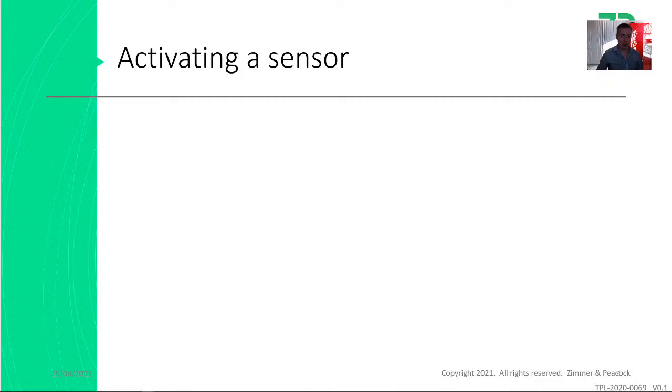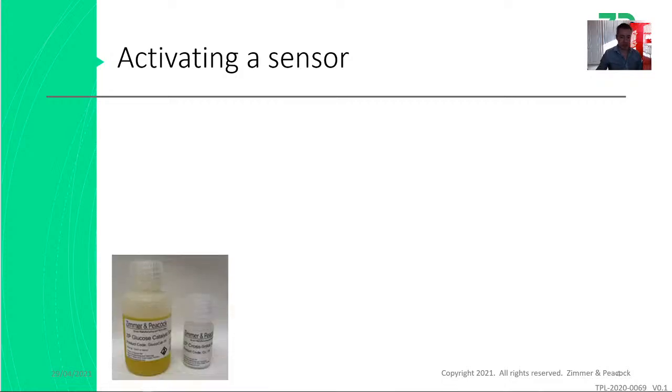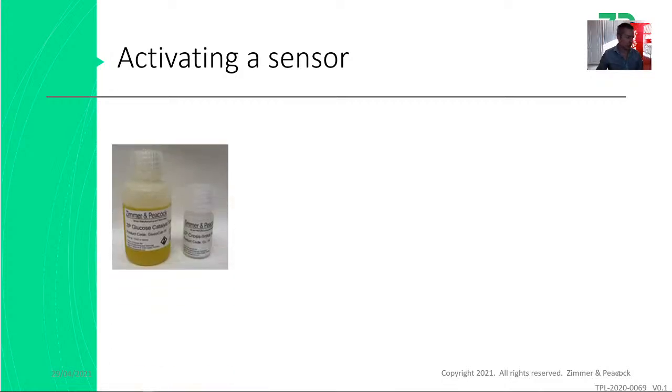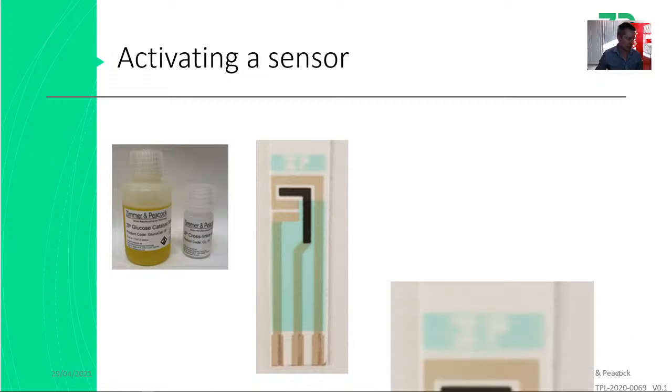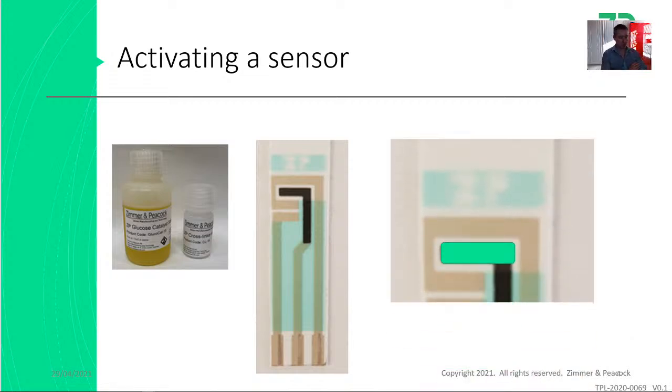So last week, and it's also relevant this week, we talked about activating an electrode to make a glucose sensor from it. You take an electrode, this is a ZP screen printed electrode, and you can pipette on the enzyme solution, and you can pipette on the cross-linking solution.